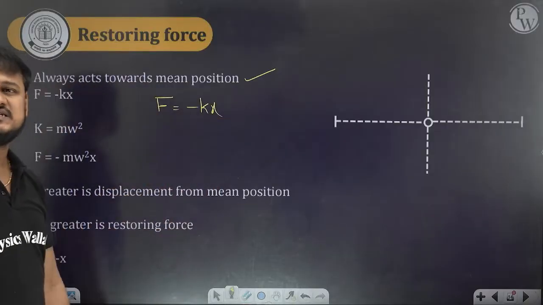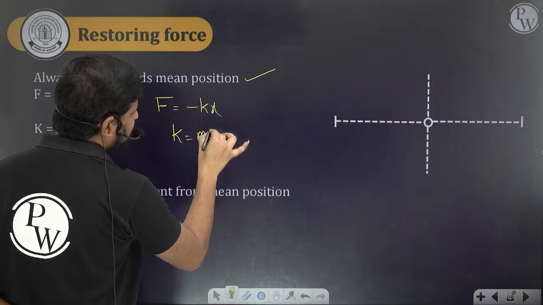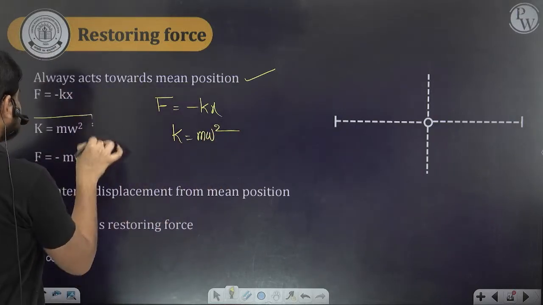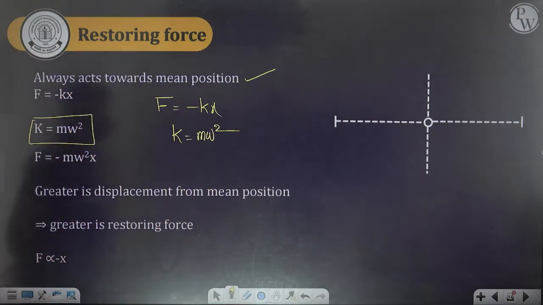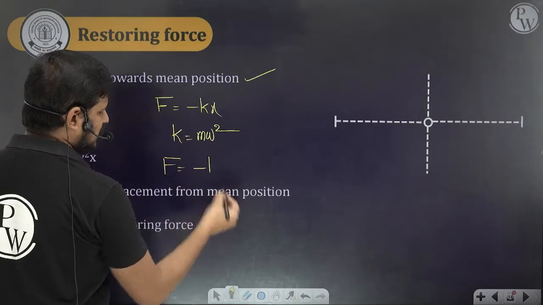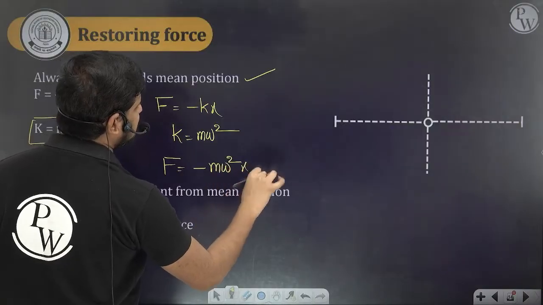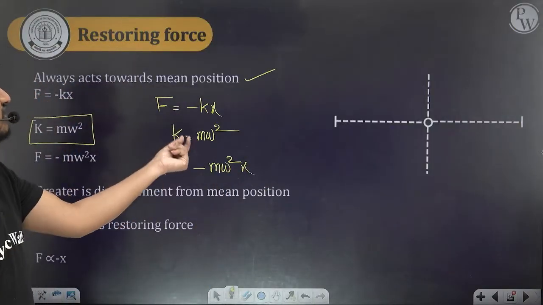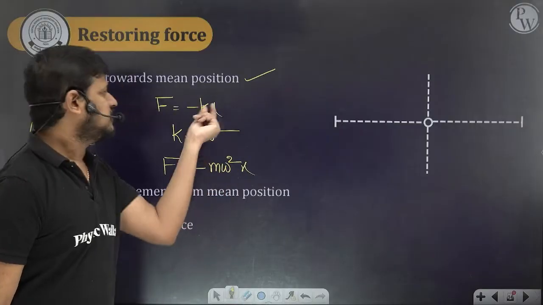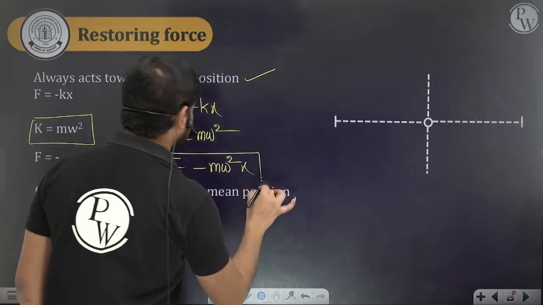This k is a constant, which is written as m omega square. So the k value is m omega square. If you substitute, the restoring force is equal to minus m omega square x. This is the restoring force.